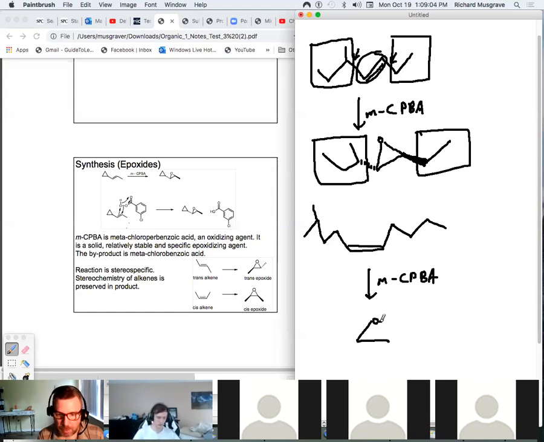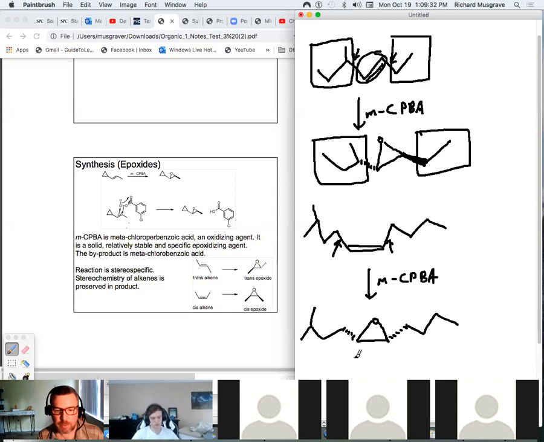All right, so I draw my epoxide here, and again, the bonds I'm pointing the arrows to are the ones that I want to show the stereochemistry for. And you can either do both wedges or both dashes. And there's our groupings there.